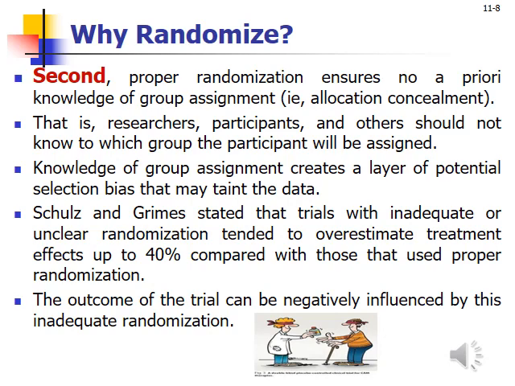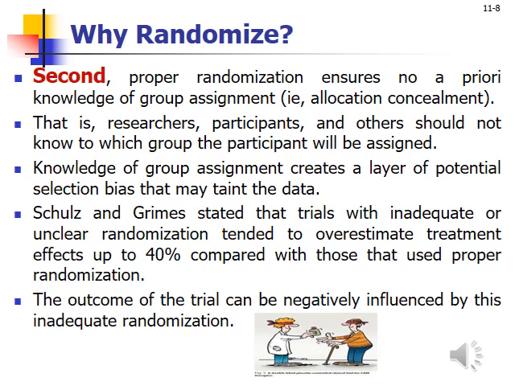Why randomize? Second, proper randomization ensures no a priori knowledge of group assignment, i.e. allocation concealment. That is, researcher, participant, and others shouldn't know to which group the participant will be assigned. Knowledge of group assignment creates a layer of potential selection bias that may taint the data.